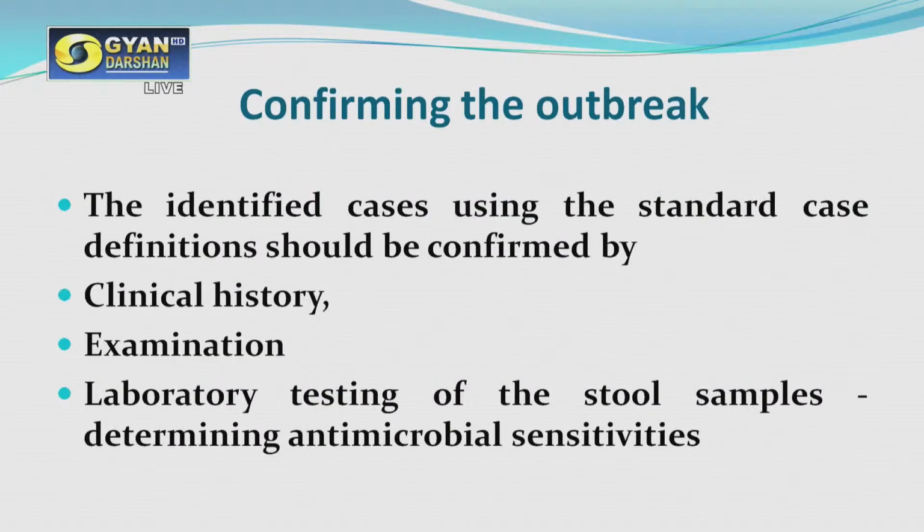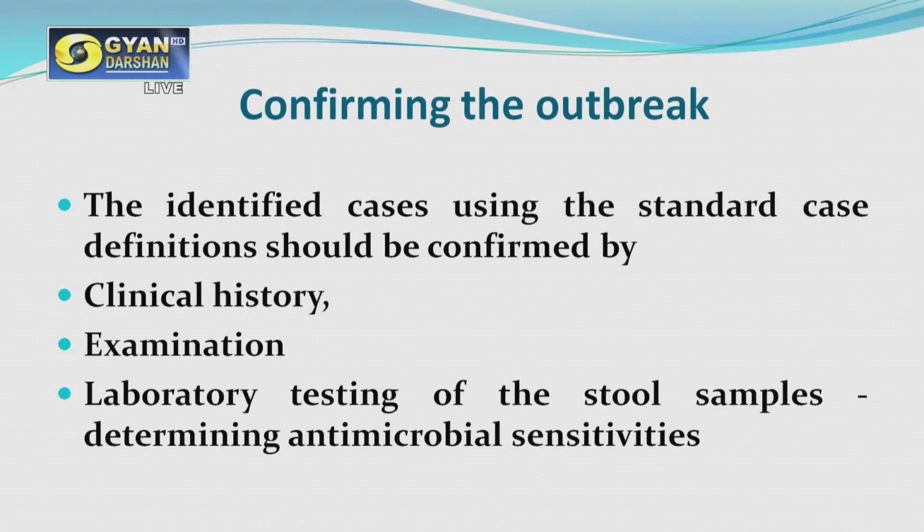So now, confirm the outbreak. Confirming the outbreak is the first step of the investigation of the epidemic. What will you do? You identify the cases using the standard case definition. When you have developed the standard case definition, based on that you start identifying the cases, and then you confirm by clinical history and clinical examination.